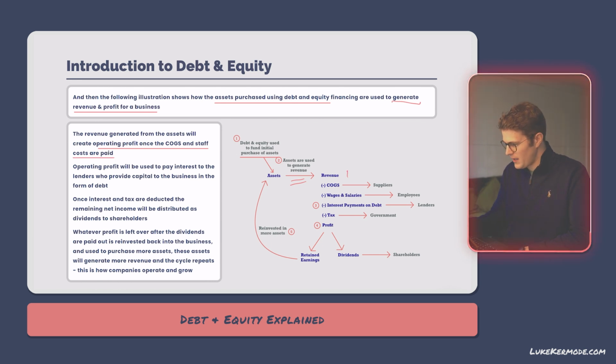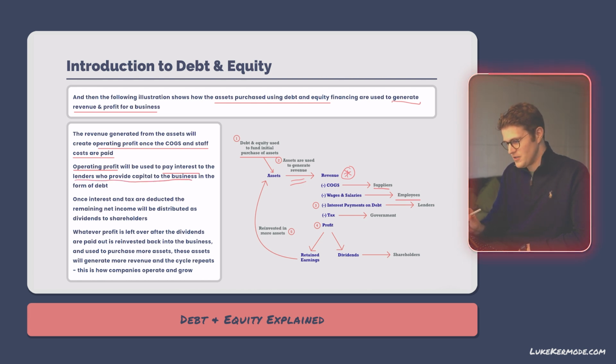So you have your revenue here. Once you've paid your suppliers and you've produced your inventory and you've paid your employees, their staff salaries, their wages, their bonuses, then you have your operating profit. The operating profit will be used to pay interest to the providers of debt capital.